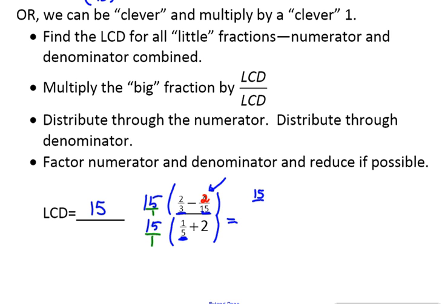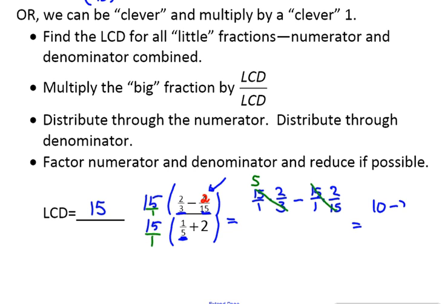So distribute. I get 15 over 1 times 2/3 minus 15 over 1 times 2 15ths. So see me distributing on that. And then when I multiply these, the 3 and the 15 cancel, gives me a 5. So I get 10 over 1, which is 10. Then on my next one, my 15s cancel, and that gives me 2.